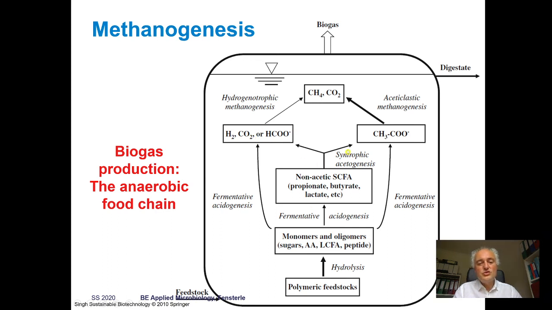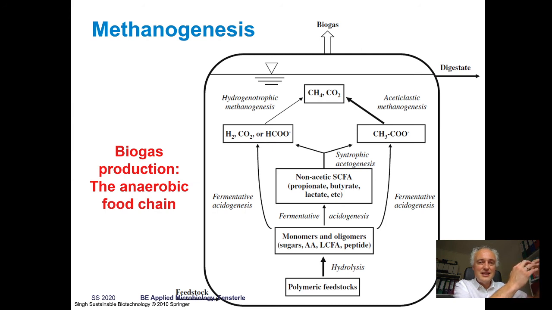These syntrophic acetogens form acetate, but they come from substances which are already quite oxidized, so they also have to produce hydrogen to form acetate. They are called syntrophic because this process only works if your hydrogen concentration is very low. It's unfavorable if you have a high hydrogen concentration.